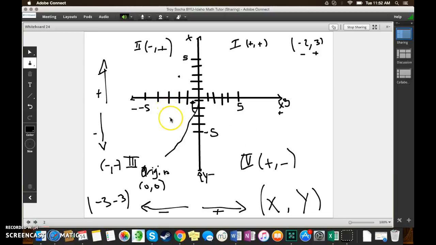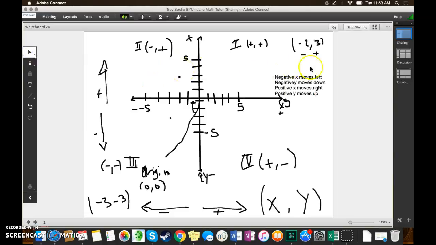So negative x's, I'm going to write this down. Negative x moves left, negative y moves down, positive x moves right, positive y moves up.